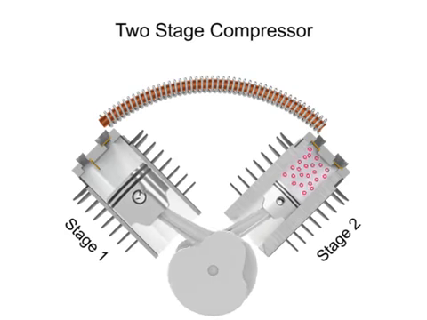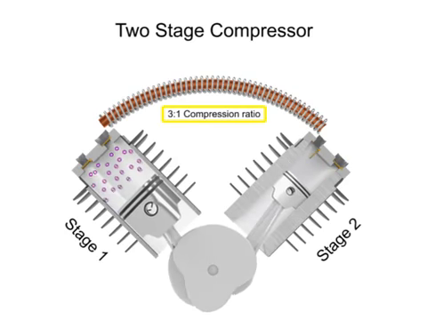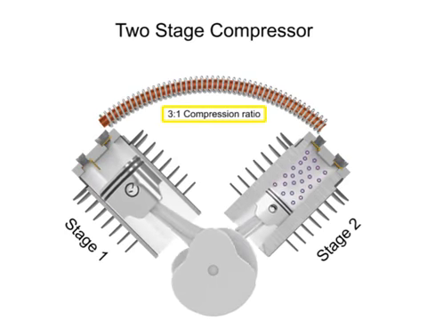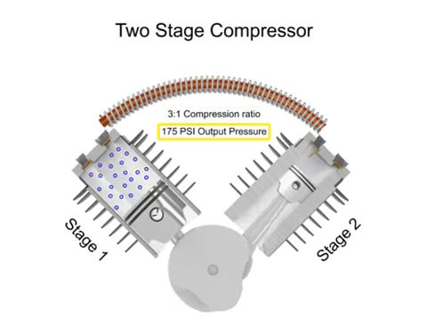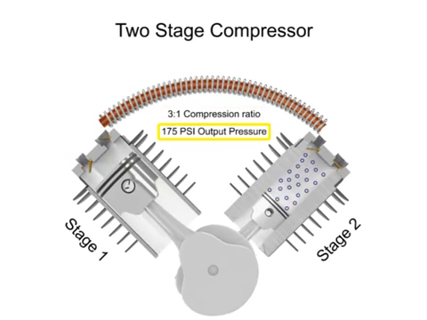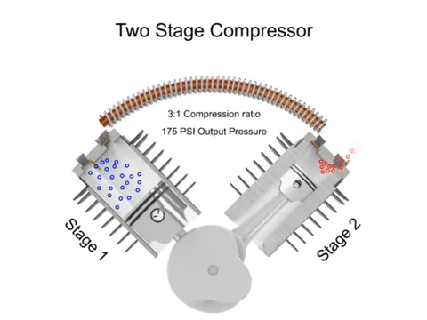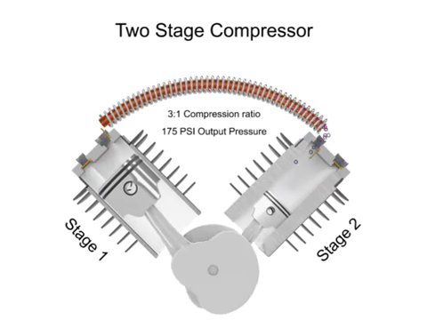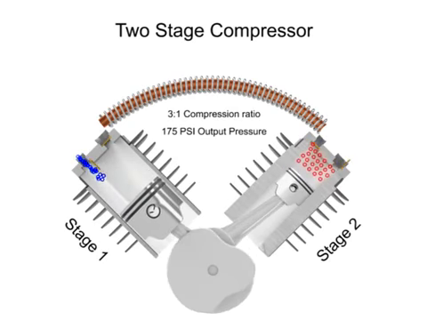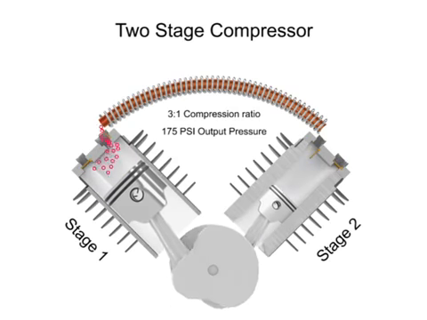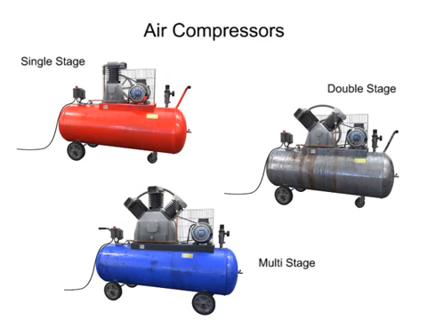Two-stage compressors have a compression range of 3:1 or even less per stage, but can operate up to 175 psi. They can also deliver more air at a higher pressure than single-stage compressors of the same horsepower. If pressures of more than about 175 psi are needed, multi-stage compressors should be used.